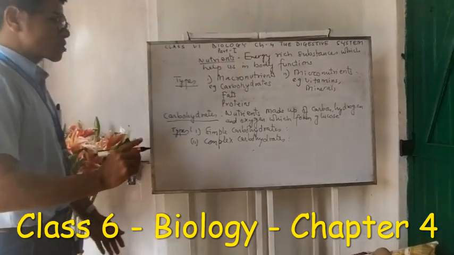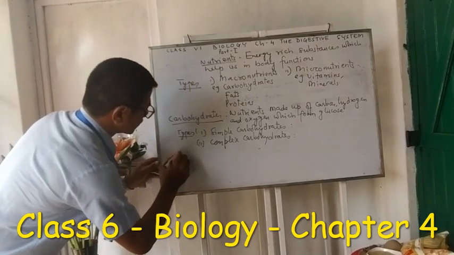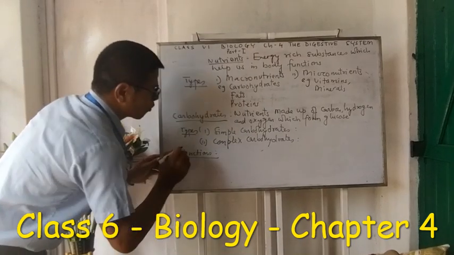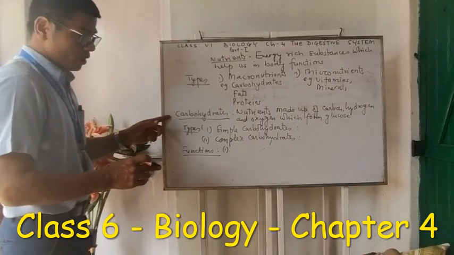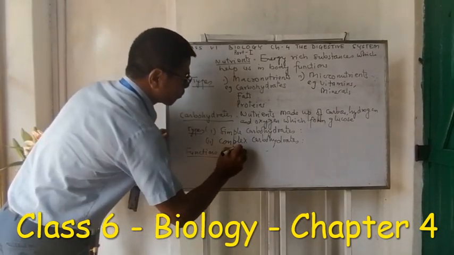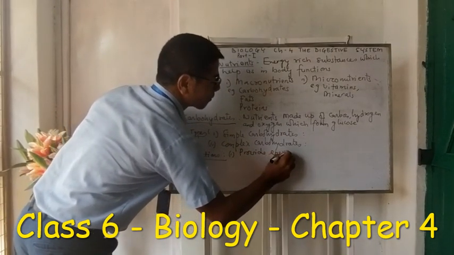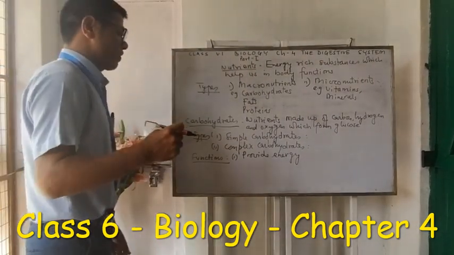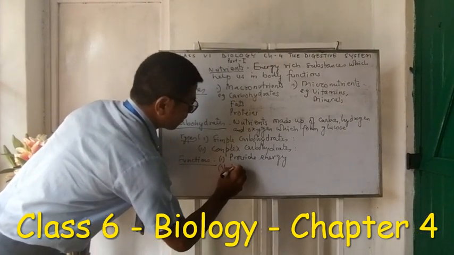So what is the function of carbohydrates? Functions means uses. We'll be writing down 3 functions. When we eat this food or this nutrient, what do we get? Number 1, they provide energy. Energy means strength to do body activity. Number 2, they keep the body warm.